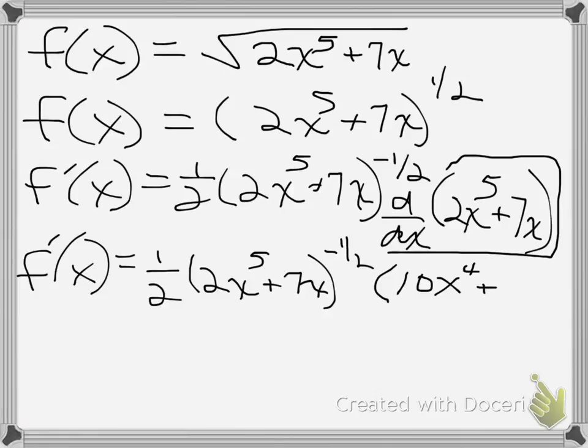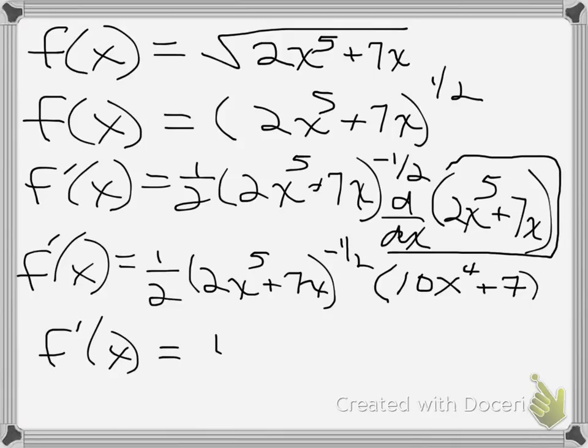So that derivative is going to be 5 times 2 is 10, so 10x to the 4th, look at my parentheses too, plus 7. All right, let's write this the way you would most likely see it in a textbook. So f prime of x equals, so I have a 1, so just follow what I'm doing. Then I have 1 times 10x to the 4th plus 7.